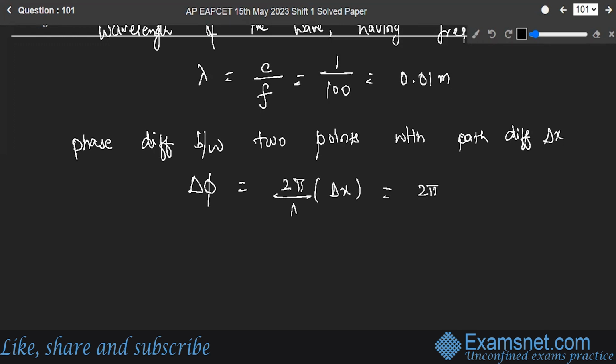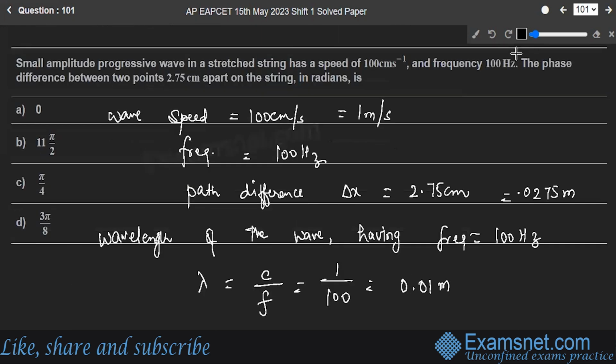This is equal to 2 pi upon lambda, which is 0.01, and delta x is 0.0275. Or you have this as 2 pi into 2.75, which will be equal to 11 by 2 pi radians. That makes option B the correct answer.